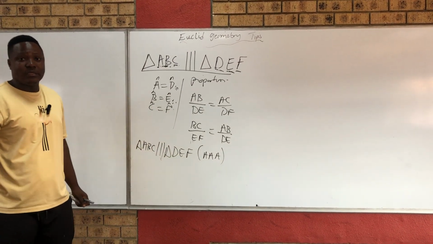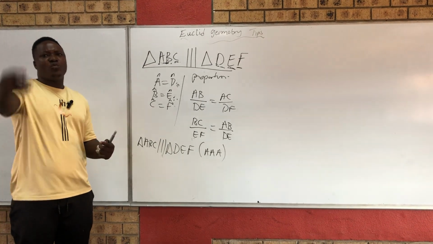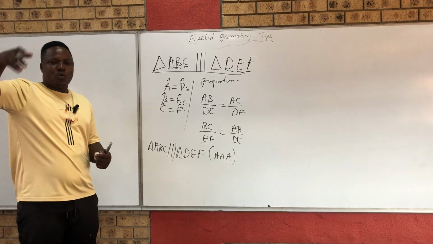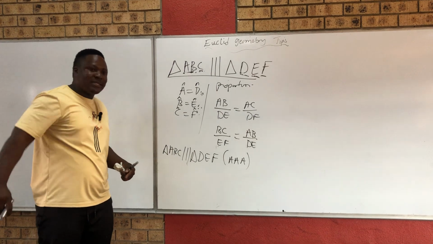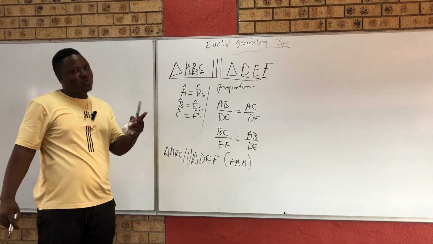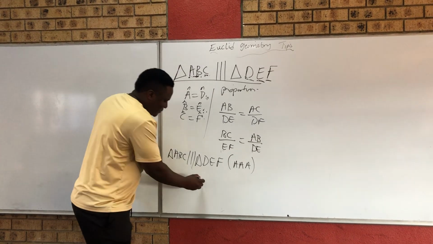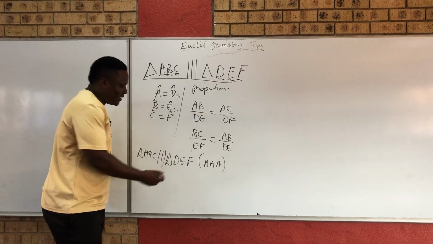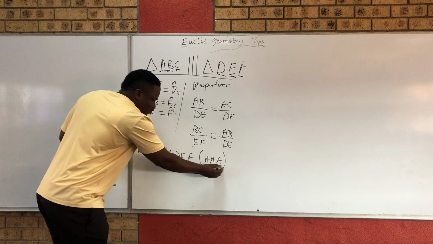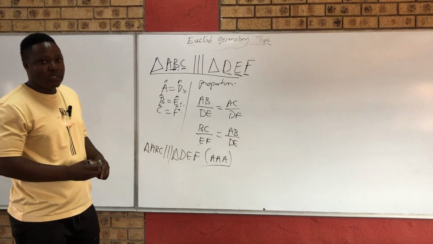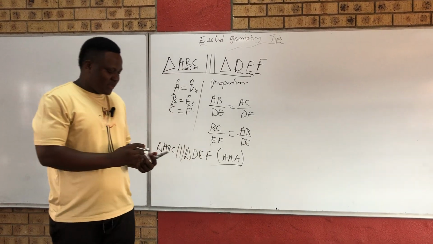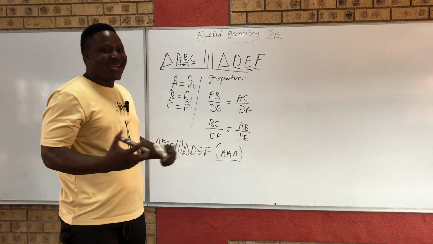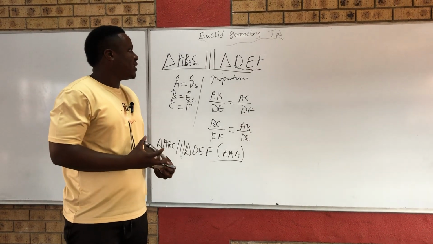But if you are proving with one common side, or you find two sides, that's when you conclude differently, but it will depend. Normally in grade 12, we use angle, angle, angle.